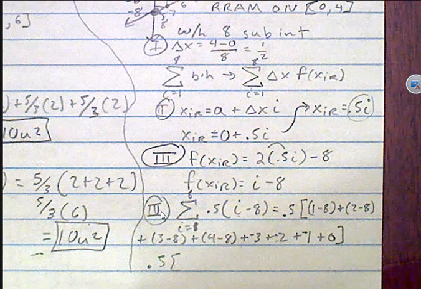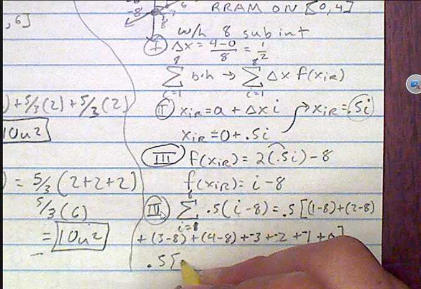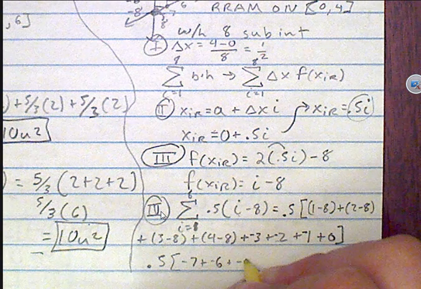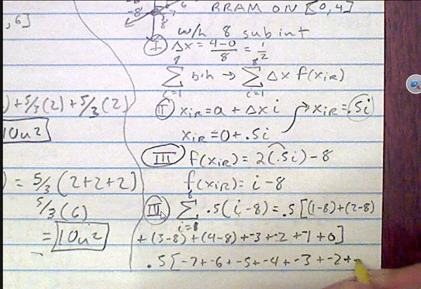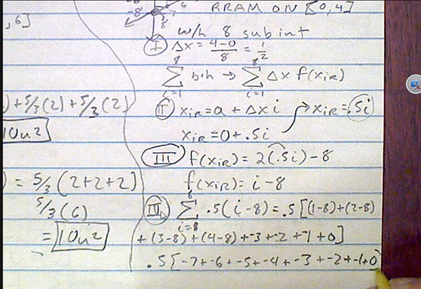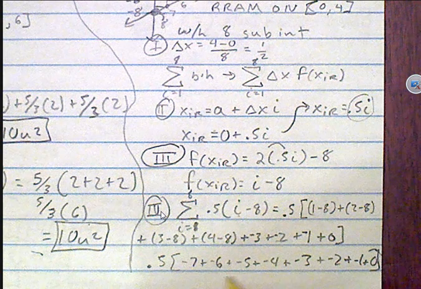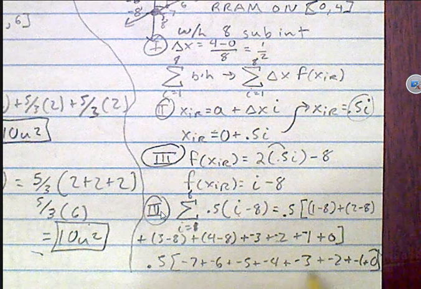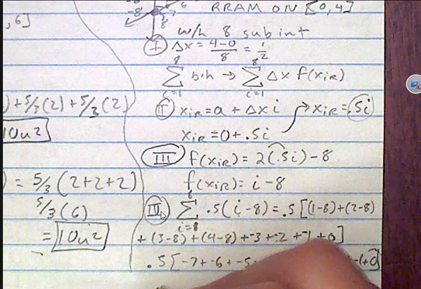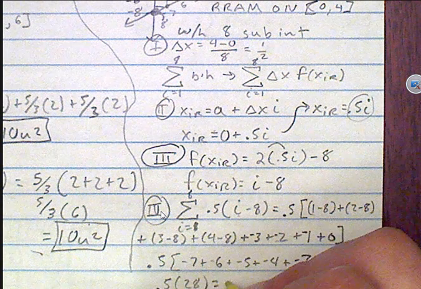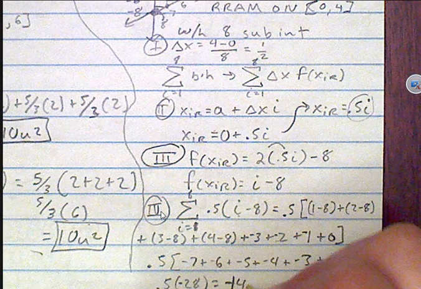So 0.5 times negative 7 plus negative 6 plus negative 5 plus negative 4 plus negative 3 plus negative 2 plus negative 1 plus 0, which all that, 7, 6, and 5, see 6 and 5 is 11, and 7 is 18, and 4 is 22, and 3 is 25, 27, 28, so 0.5 times 28 equals negative 14 units squared.